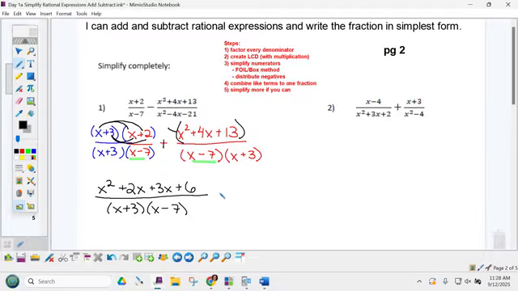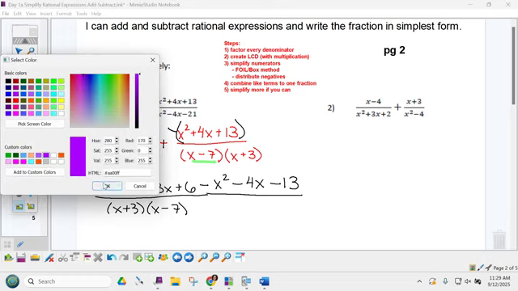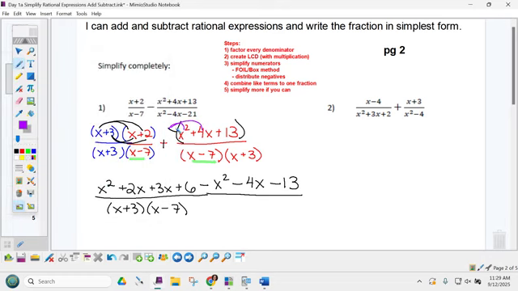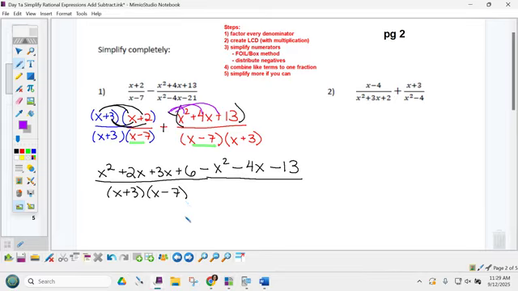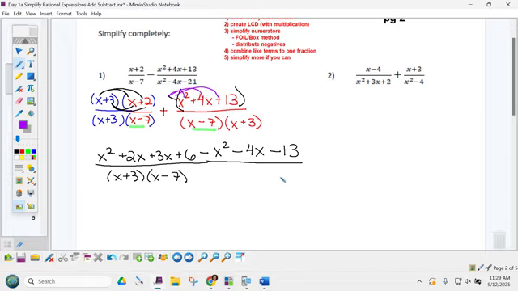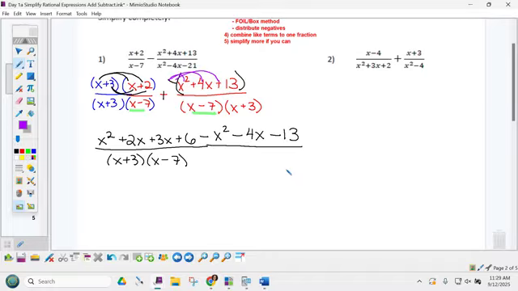So I'm going to subtract x squared, subtract 4x, subtract 13. This negative has to get distributed to all of those pieces of that trinomial. And since we have a common denominator, I could create this one denominator between the fractions. I've added them together.